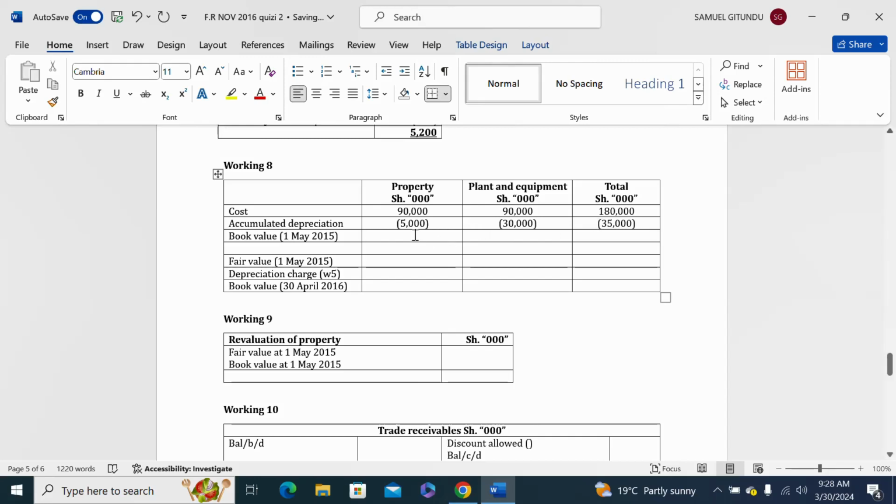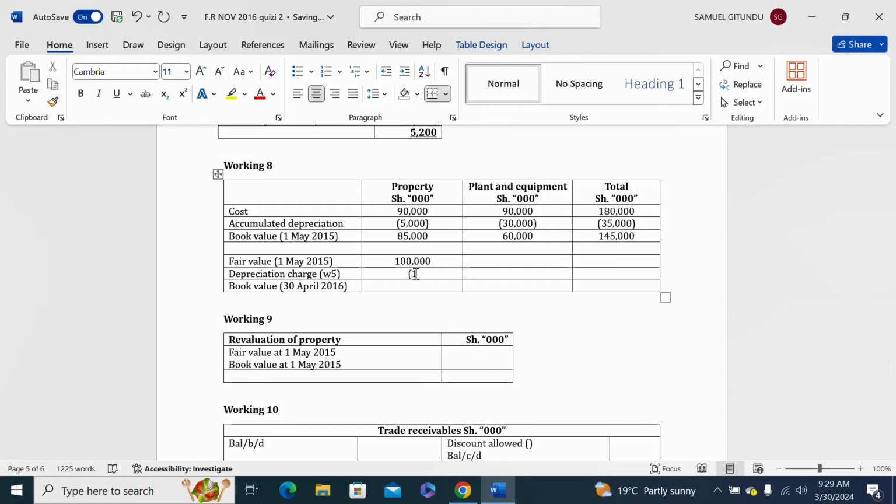The book value at the beginning of the year, on 1st May 2015, is 85 million for property, 60 million for plant and equipment, and the total is 145 million. Then the fair value of property at 1st May 2015, we have been told it was revalued to 100 million.